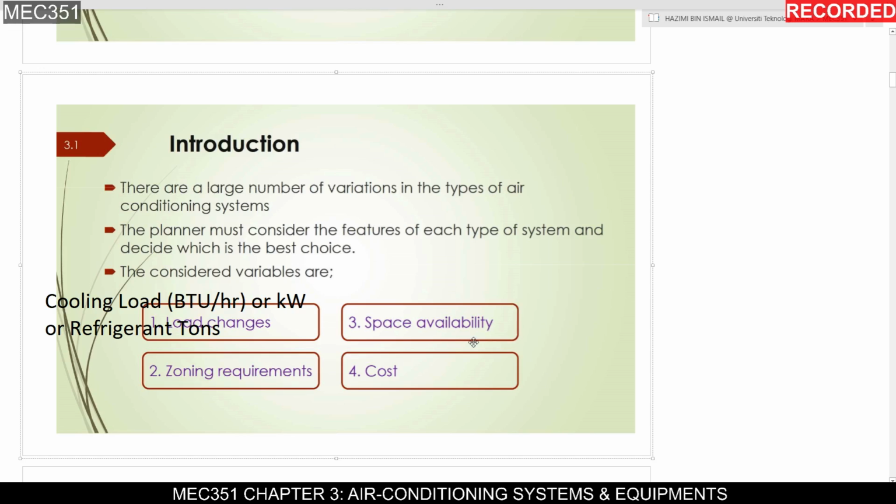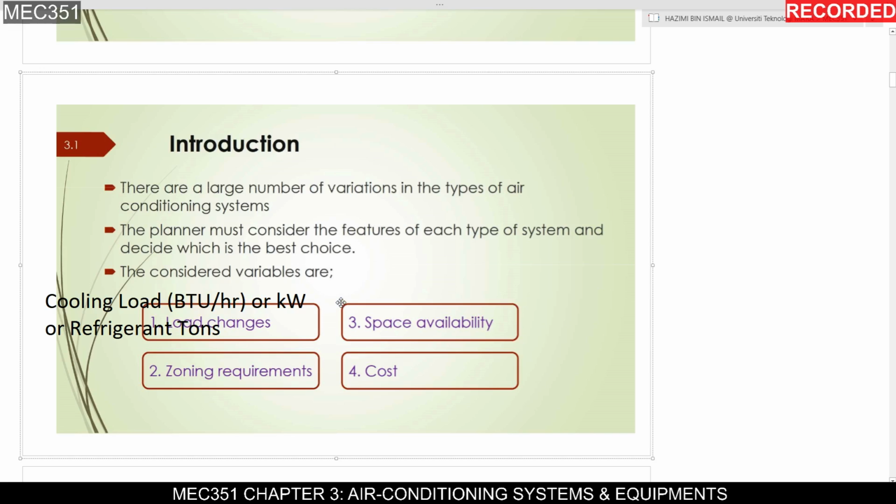Okay, let's say we have a small room. If you want to put in a large package unit, it is not suitable because there is no space for you to put your aircon system.